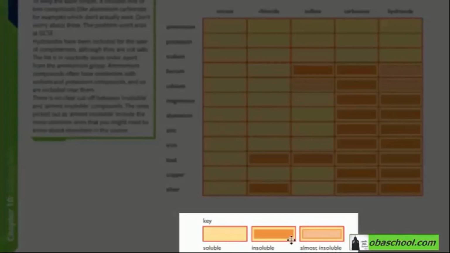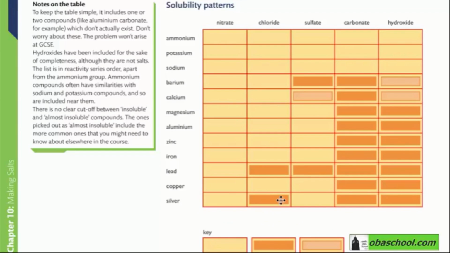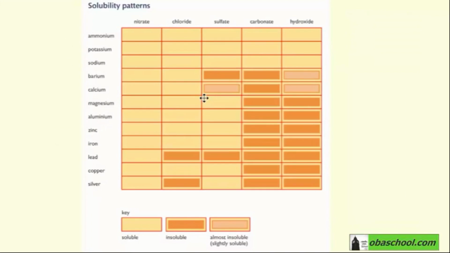And below, we have the key of this pattern. Using this pattern, we'll be able to see which salts are soluble, insoluble, or almost insoluble. So let's start on page 82 in our books. So we have this solubility pattern.